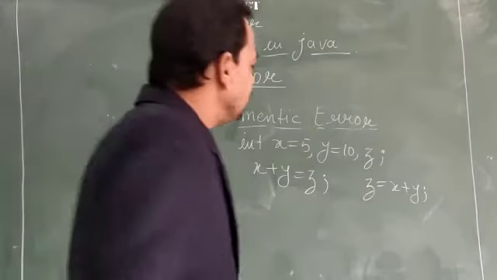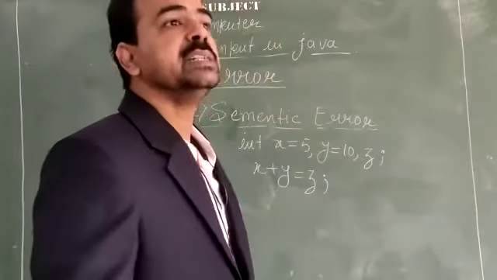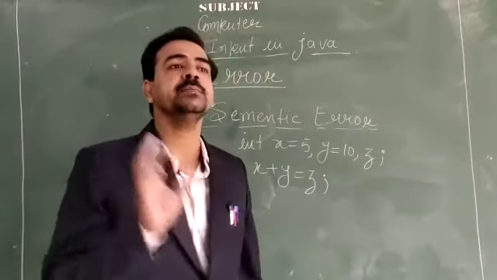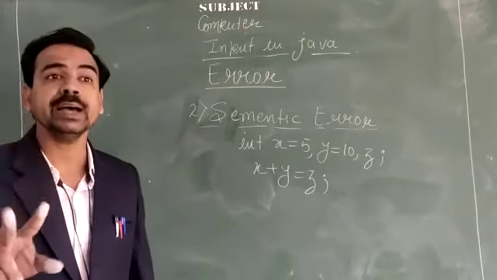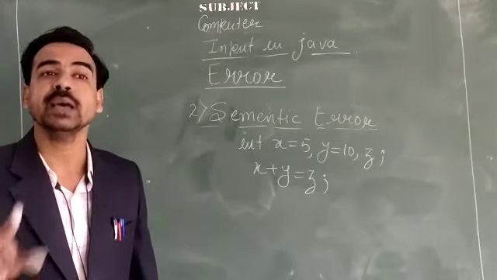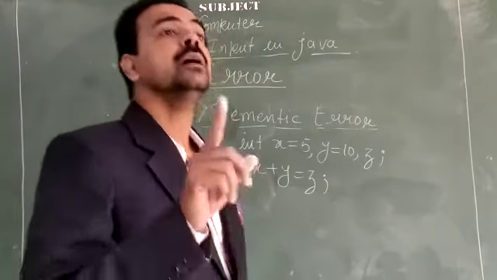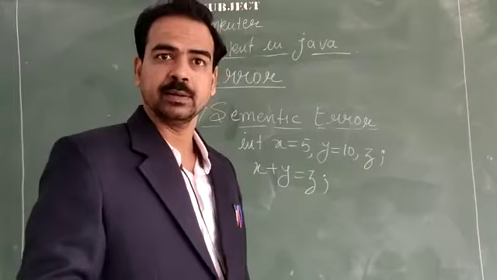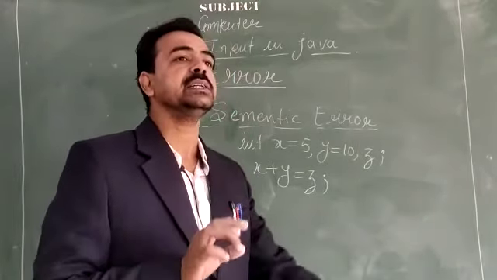Now one point I would like to tell you over here, that both syntax errors and semantic errors are known as compile time errors. Either it is a syntax error or a semantic error.